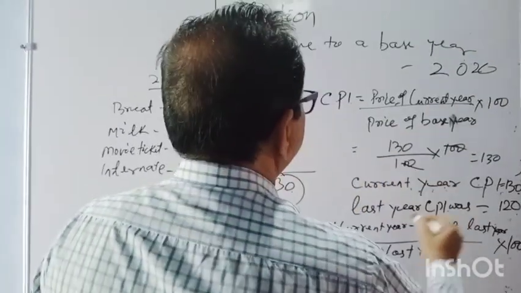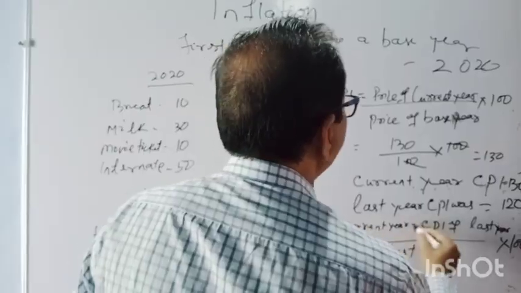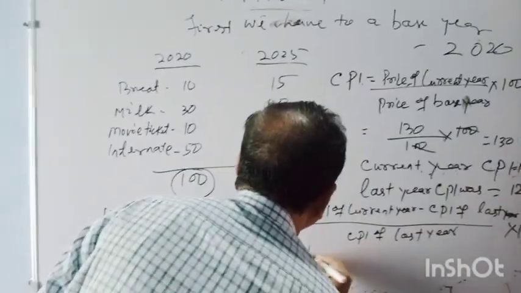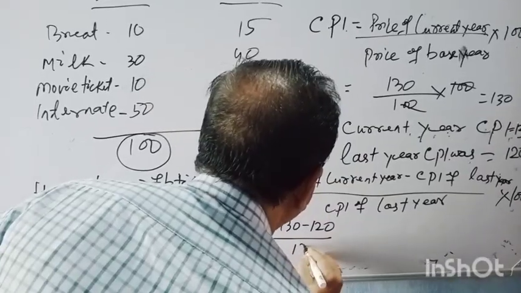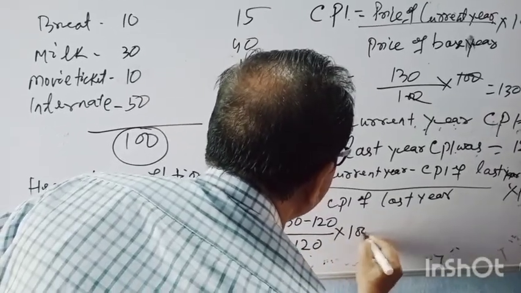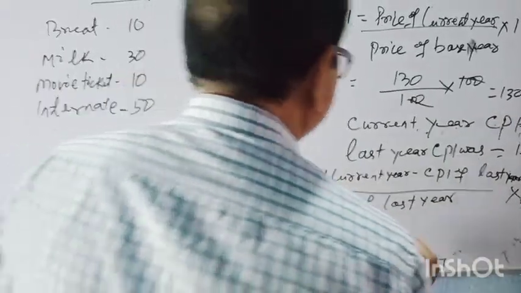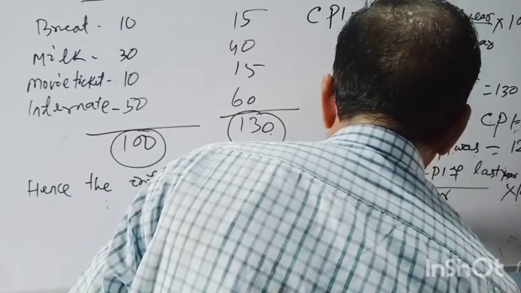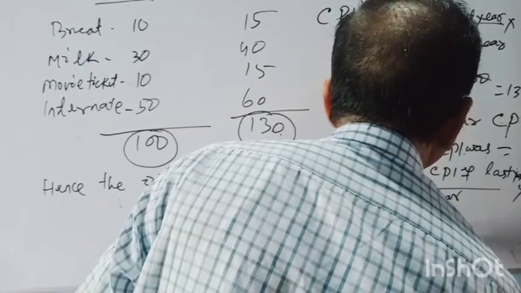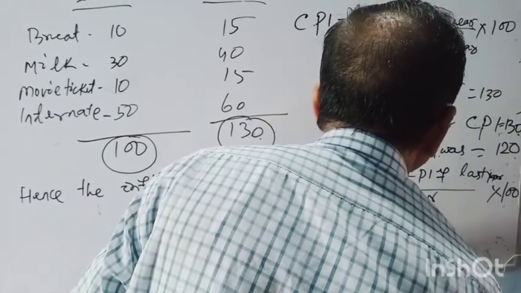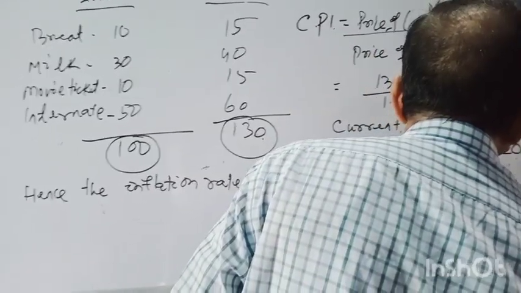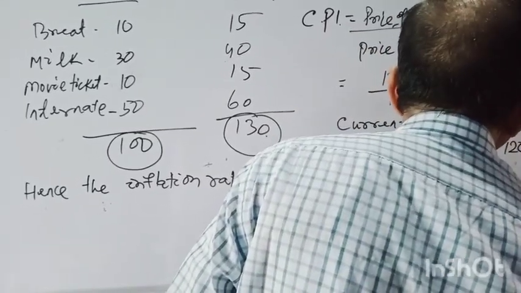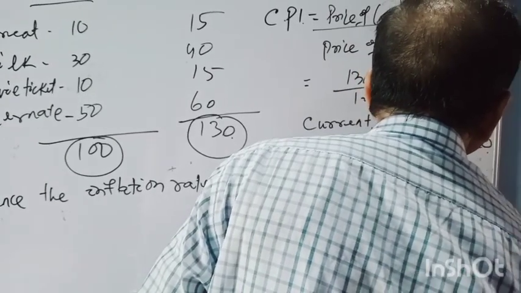CPI of current year is 130. 130 minus 120 divided by 120 into 100 is equal to 10 by 120 into 100, which is 8.33%.